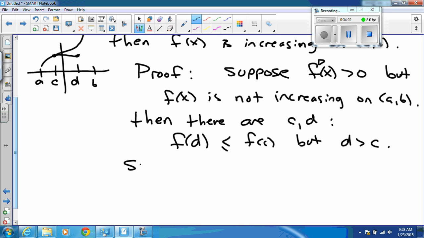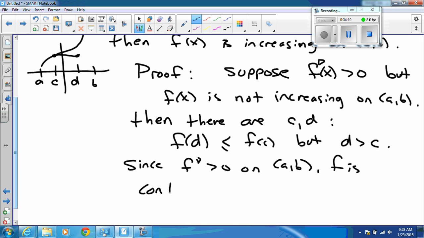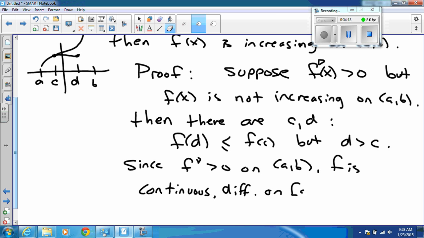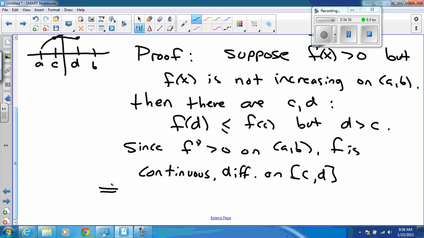So let me state that. Since f prime is greater than 0 on a to b, f is continuous and differentiable on c to d, which is a subset of the interval a to b. Okay? So the mean value theorem applies, and now I'm going to apply it.